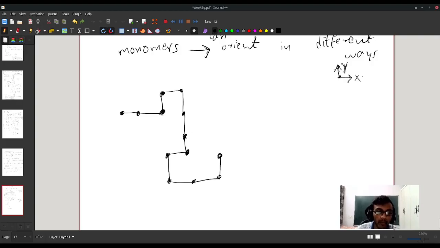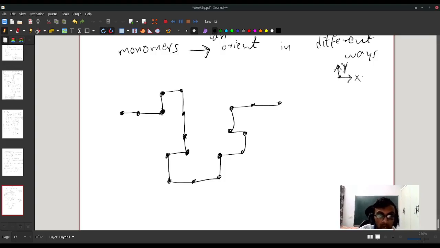Yeah, so it can have this sort of orientation. So these are all allowed microstates. We say that the monomer is in the plus x direction if it is going to the right. So this is plus x. This is also plus x oriented monomer, whereas this one is a minus x oriented monomer.